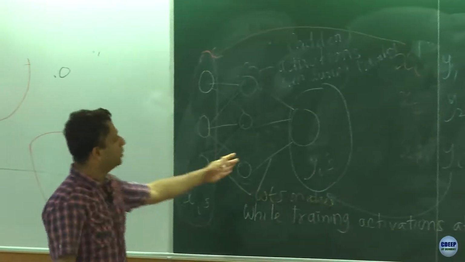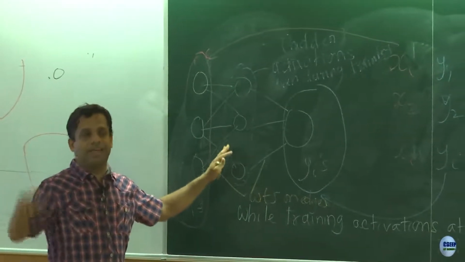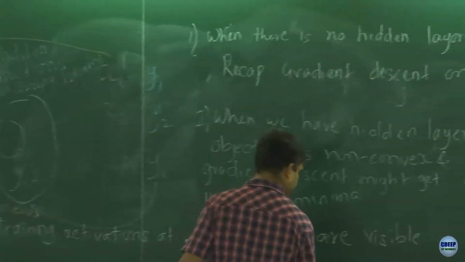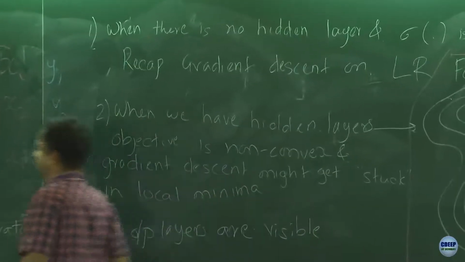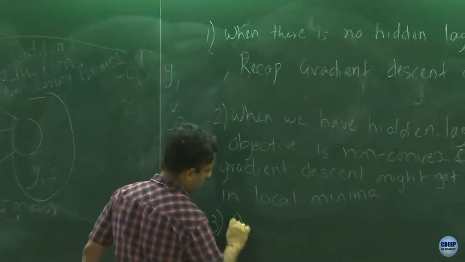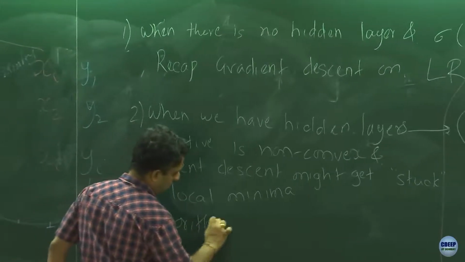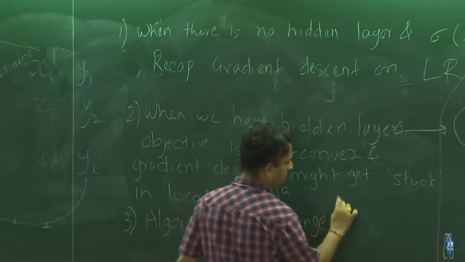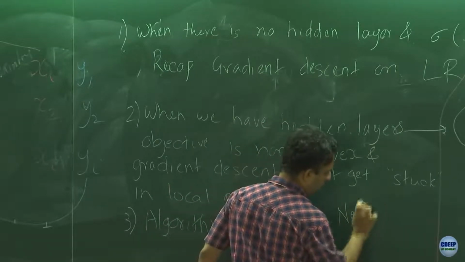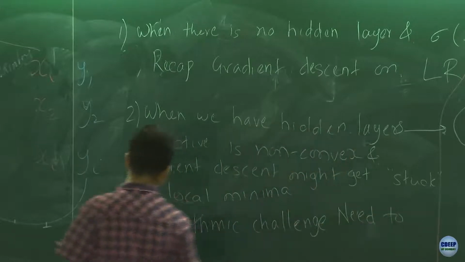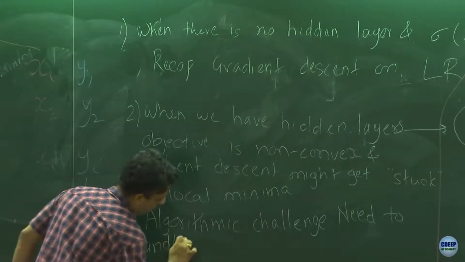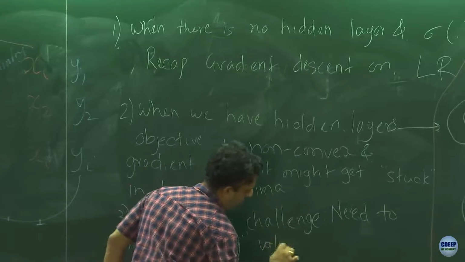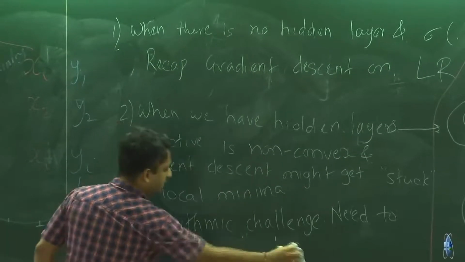The algorithmic challenge is I need to impute or guess the values of the hidden layers. Okay, so the algorithmic challenge is actually missing, instead of missing I will say unknown values.